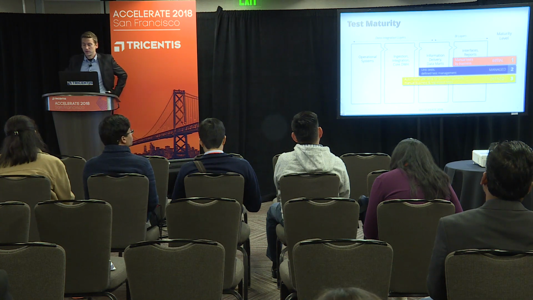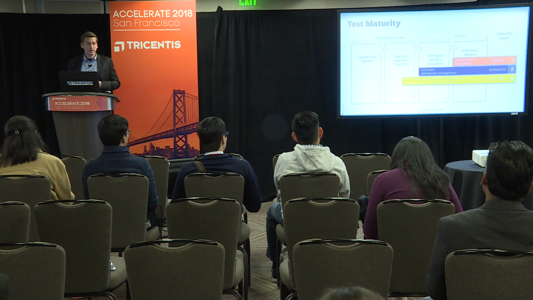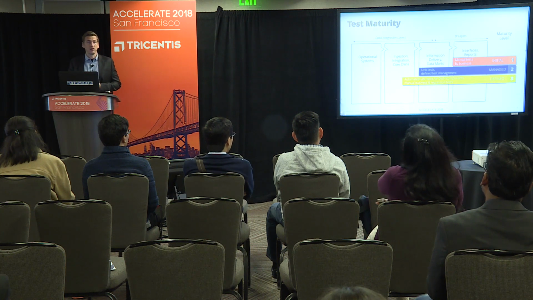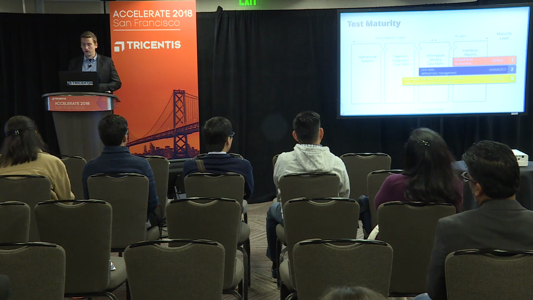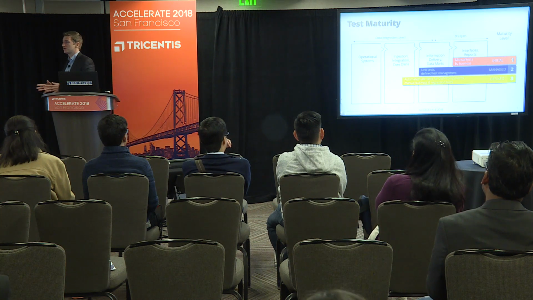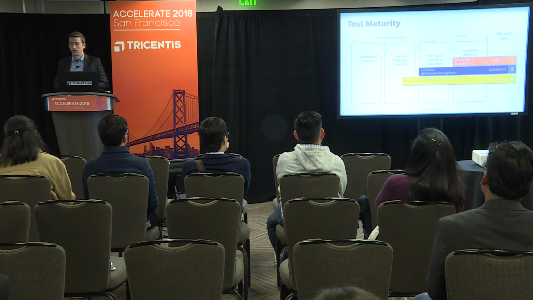The third stage, we call it defined, is where we have automated tests and regression tests. So some tests are manual and some are automated, and we have a sense of, okay, these tests are okay for regression.